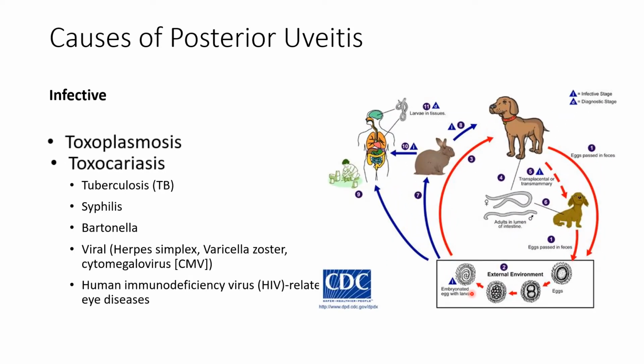Then we have another disease, which is toxocariasis, and this is a worm which is found in puppies and dogs, and the life cycle varies between the prey and the predator, that is the dog and other animals. When this larva reaches a human being, it can cause systemic diseases because the worm lodges in various organs.